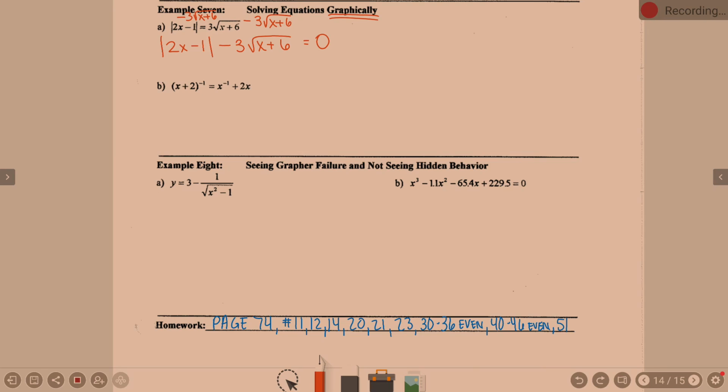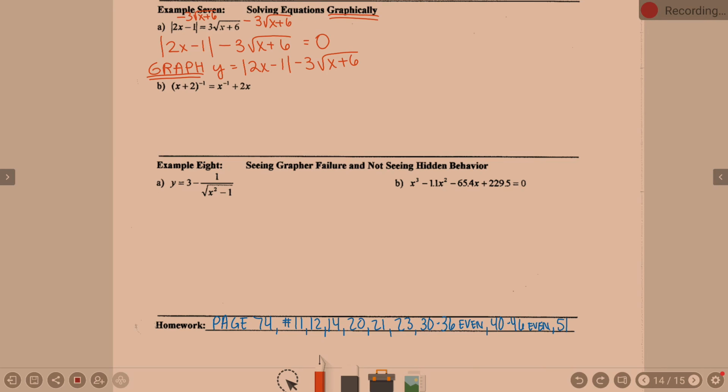Now do I have something I can plug into the calculator? Yes, so what you're going to plug into the calculator is y equals absolute value of 2x minus 1 minus 3 times square root of x plus 6. You would type that whole thing into the calculator.